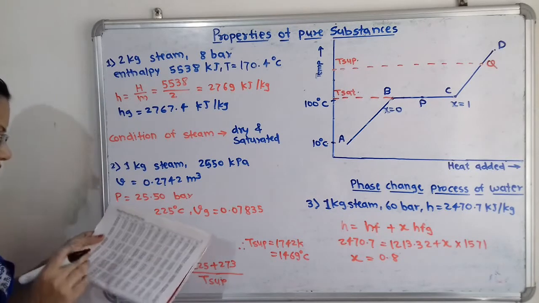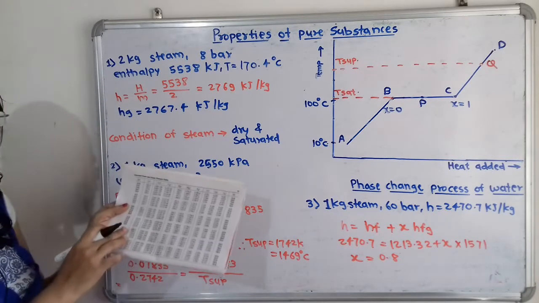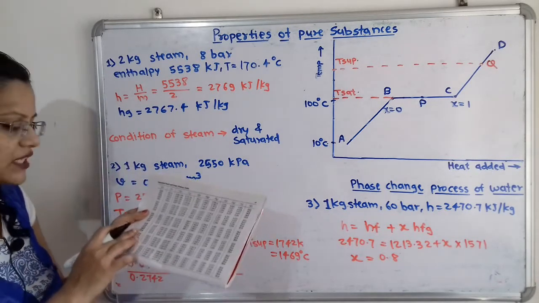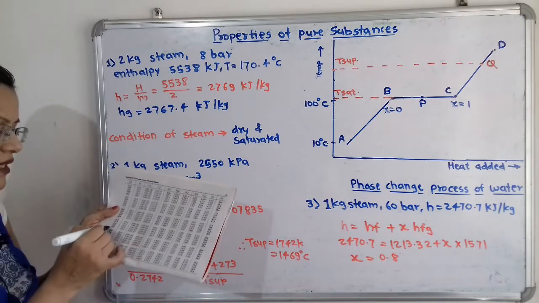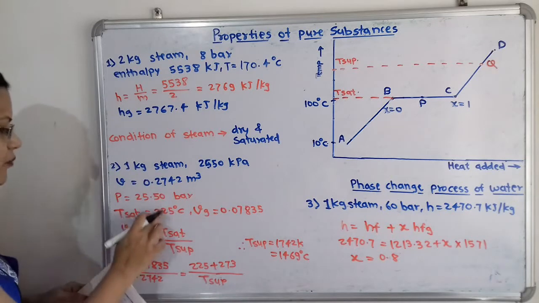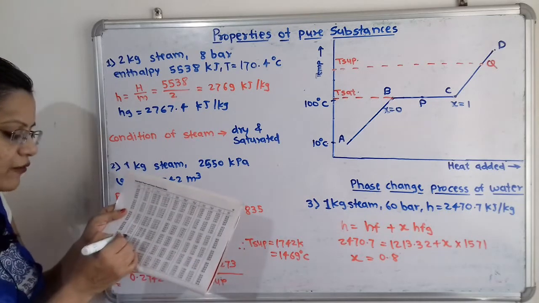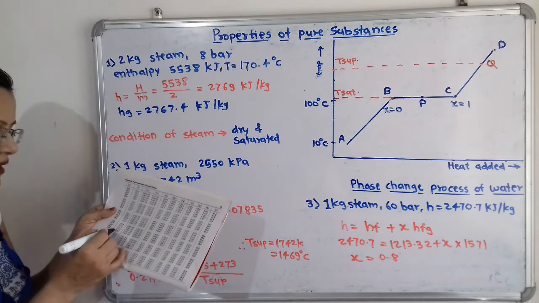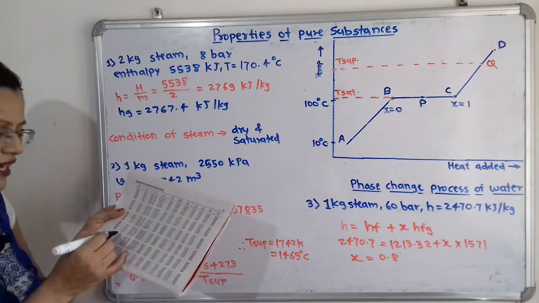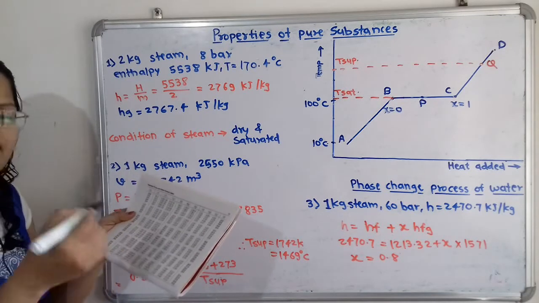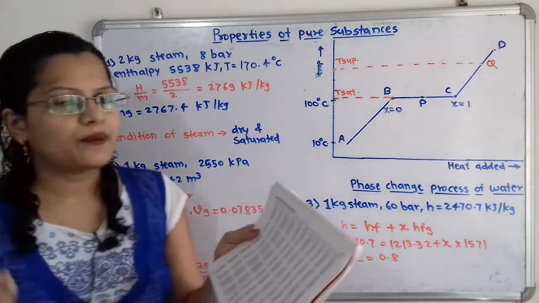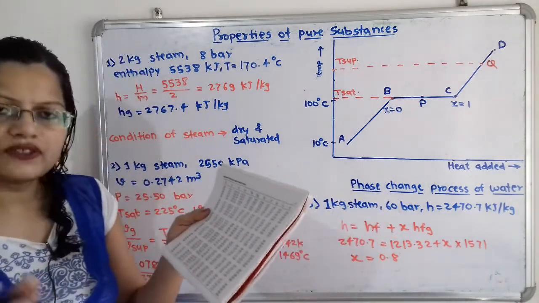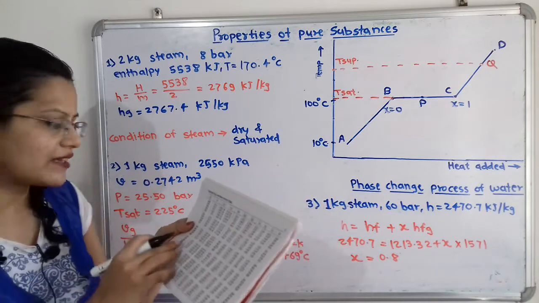It is 225. Here 25 and 26 bar pressure are given, and in between them the pressure is not given, but the middle value is 25.50. So again we have to take the average of these two temperatures, that is 223.9 plus 226 divided by 2. So 223.9, approximately 224, plus 226 divided by 2, that is 225.